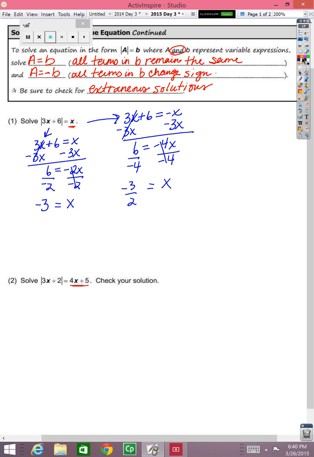Now, without even substituting x in on your calculator or doing the math in your head, the equation says that the absolute value of 3x plus 6 is equal to x. Again, any absolute value expression cannot be equal to a negative number. So because both of our answers are negative, we can reject them both, and therefore we have no solution.